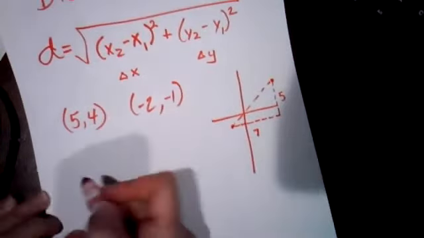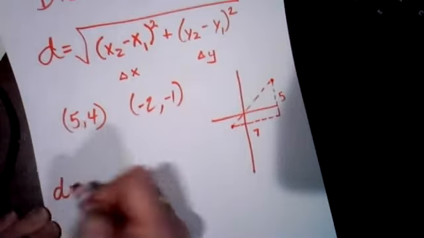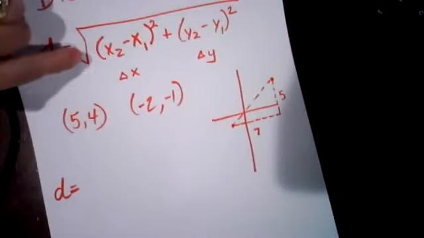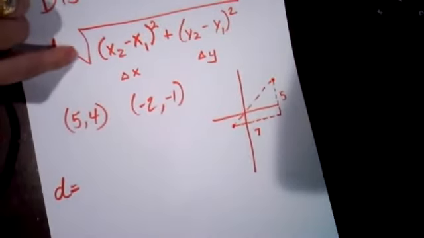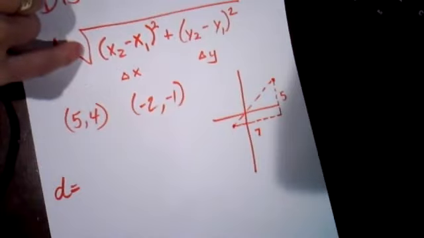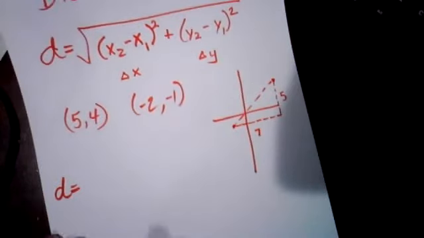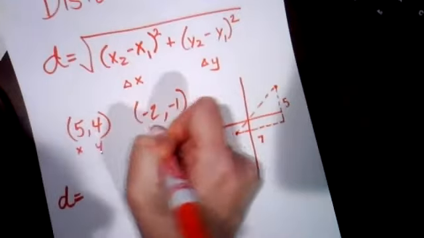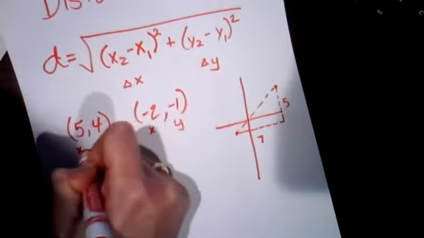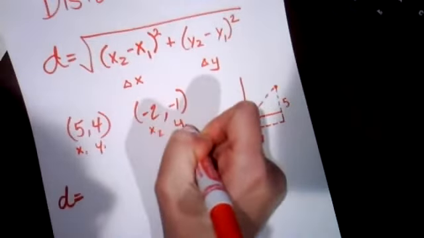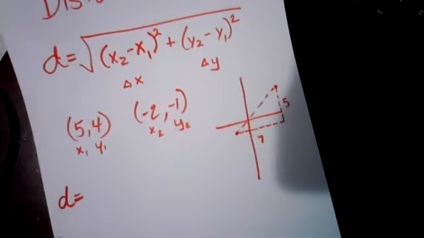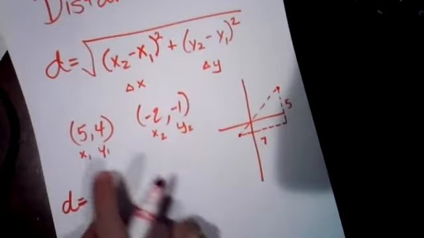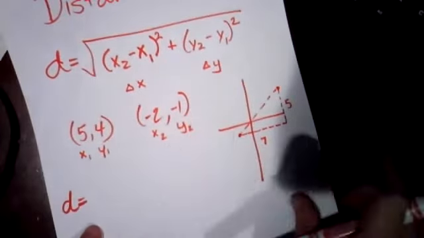Distance equals... and yes, write this at the top of your homework page so you can avoid writing it every problem. Also, this is your x, this is your y, this is your x, and this is your y, and we'll label them like this. You don't have to label them in your work, it's not a big deal as long as you don't get them mixed up.